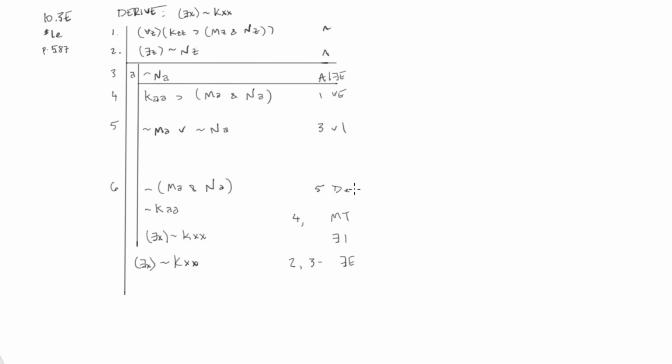So line 6, which we already said that we kind of would like to have, just comes from line 5 by an application of De Morgan's. Well, then on line 7, that's where we're going to apply modus tollens to 4 and 6. We have our conditional on line 4, denial of the consequent on line 6. That gives us the denial of the antecedent on line 7. Line 7 itself is the input for existential introduction.